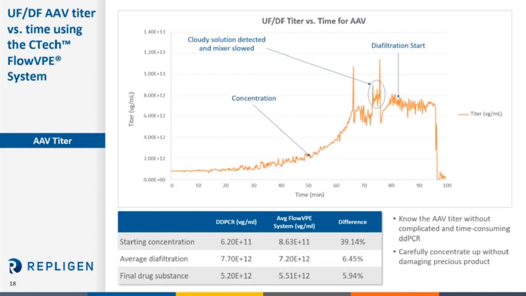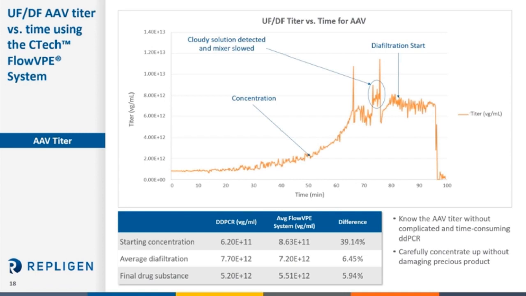The same technique can also be used in our inline solution, the FlowVPX, where we are monitoring viral titer over time. It's the same technology, just inline, so we're talking about adding kinetic software to collect data at the given time points the user inputs.